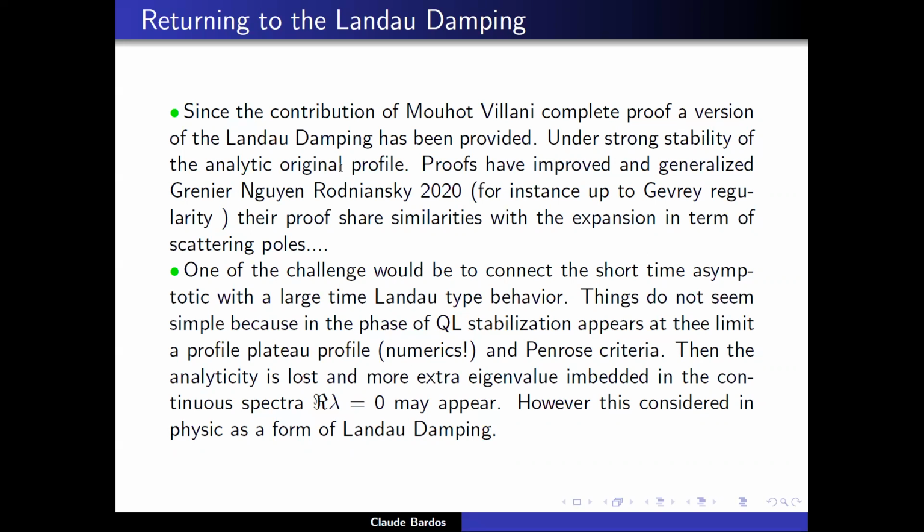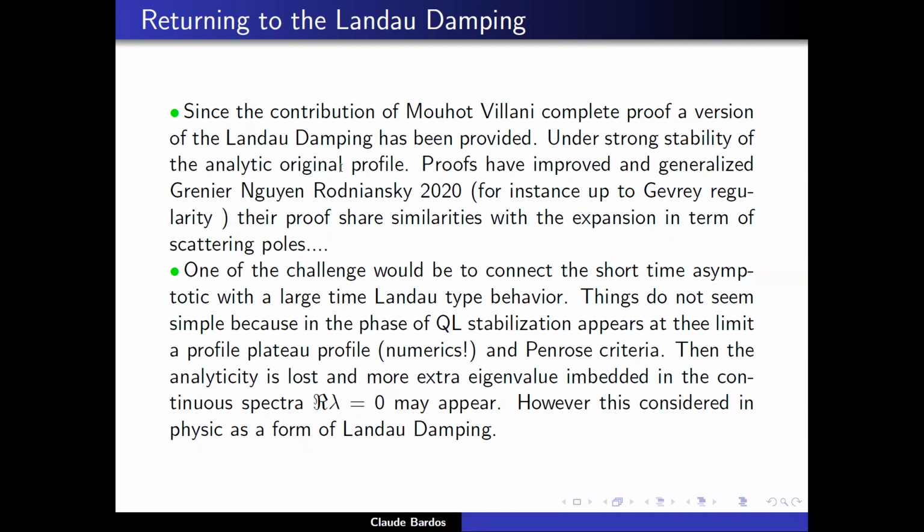Now, of course, what people would like to see is what happens between this regime for large time, which is okay, and this regime where I tell you in a sketch of proof that it is for short time, and I have been very careful not to tell you exactly what I mean by short time. Now, the challenge is to move from this picture to this one.